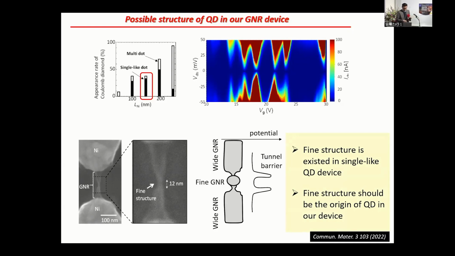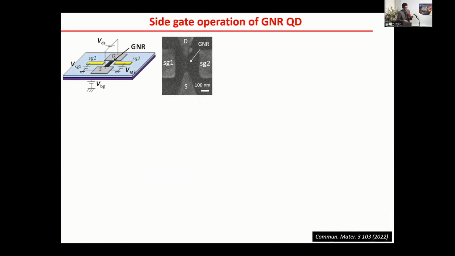And also, as a demonstration of scalability and a practical approach for quantum dot applications, we need to control the electron spin or charge by using a gate. But the previous data used just the global back gate, so we need to control such charge locally.